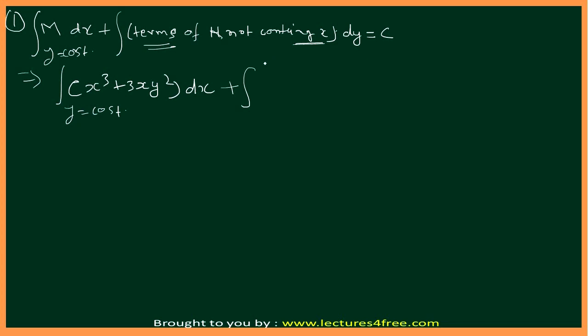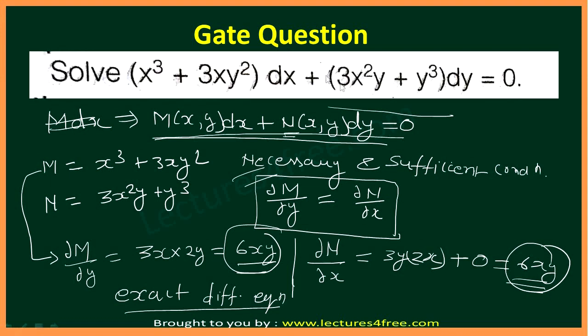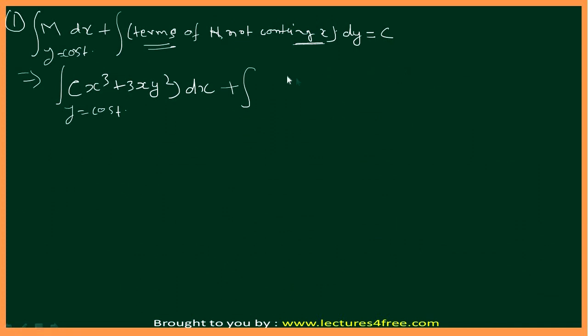N is 3x²y plus y³. The first term, 3x²y, contains x, so we do not include it. We include only the term which does not contain x, and that is y³ dy, equal to c.